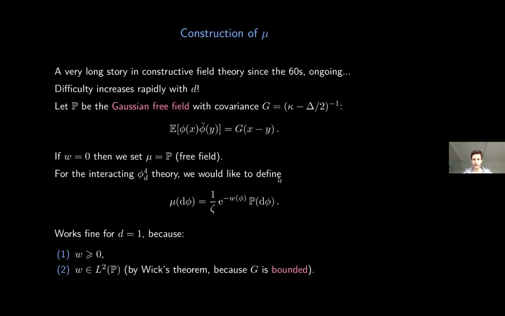Now in dimension 1, this works, and this is kind of trivial. It works for two important reasons. The first one is this interaction is positive, it has a sign, so this density is bounded. And secondly, this interaction is in L2 of this probability measure. You can do this as an easy exercise. This is just Wick's theorem.